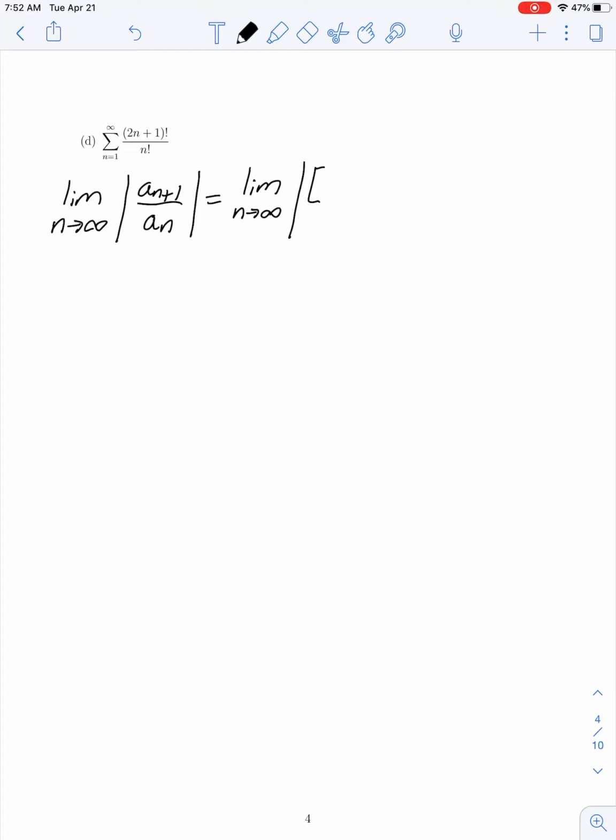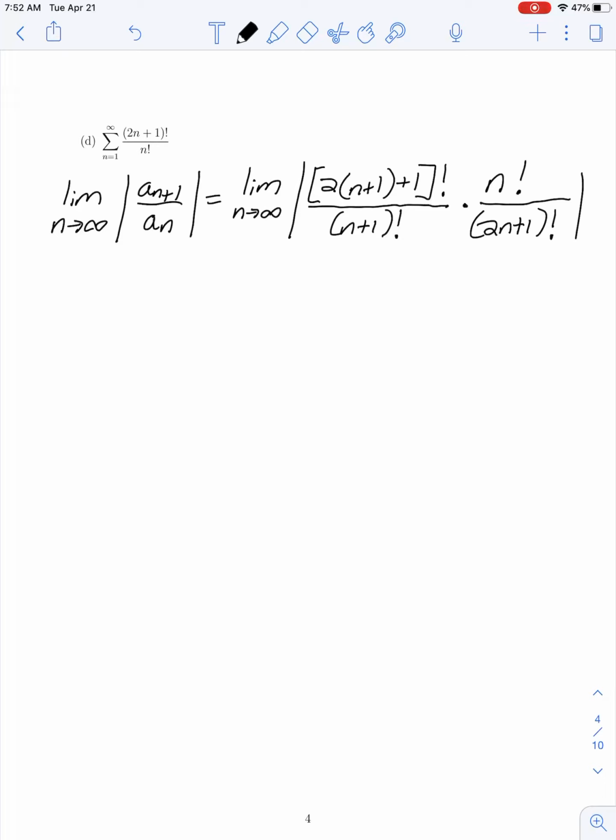Then we divide by a sub n, but again, since a sub n is a fraction, this is the same as multiplying by the reciprocal of that fraction, which would be n factorial divided by (2n plus 1) factorial. So let's see what we have here. This is the limit as n approaches infinity of the absolute value of.